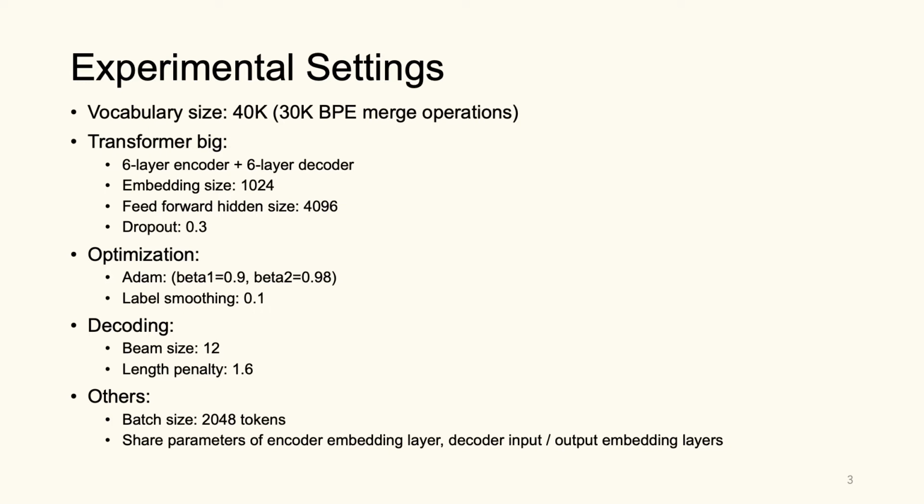For the decoding, we use the beam size of 12 and the length penalty of 1.6. The batch size is set to 2048 tokens. And we let the model share the parameters of the encoder embedding layer, decoder input, and output embedding layers.